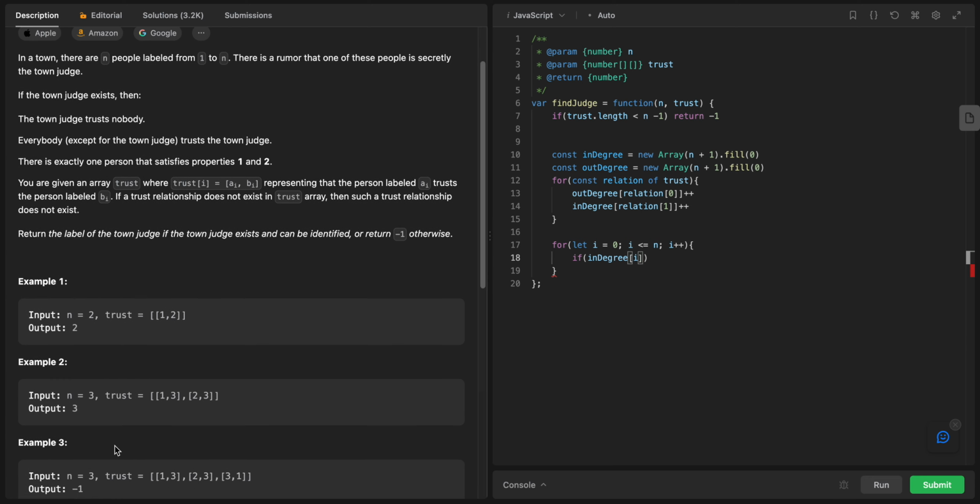If we have 3 people, they are 1, 2, 3. So if this I, I will print I, is not 0, I equals 1.